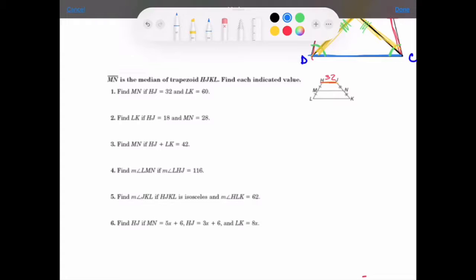And LK is 60. So we know that MN is the median, so we know it's the middle of the two. So all we have to do is find the average of the first two segments, and we can find the length of the median. So all we have to do is 32 plus 60 divided by 2. And we get 46.